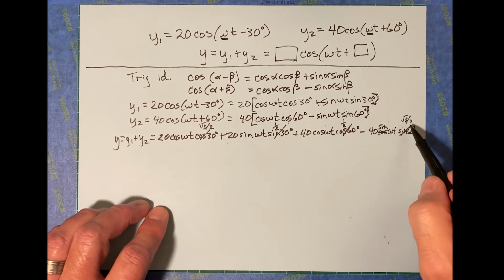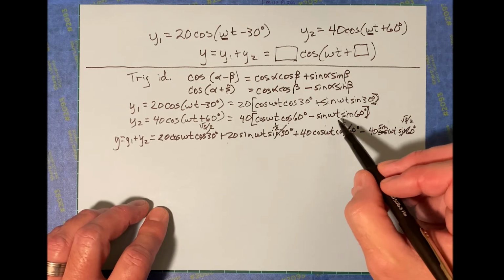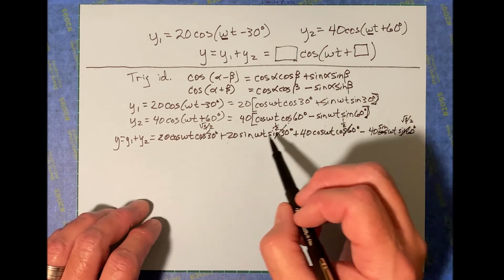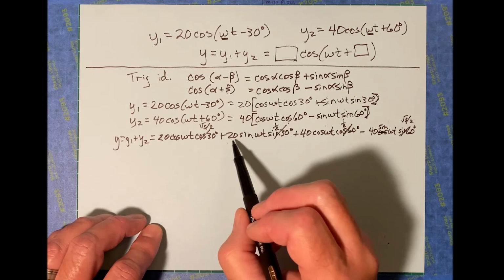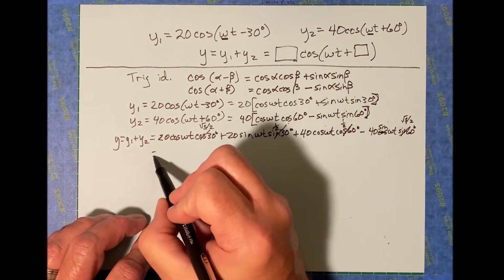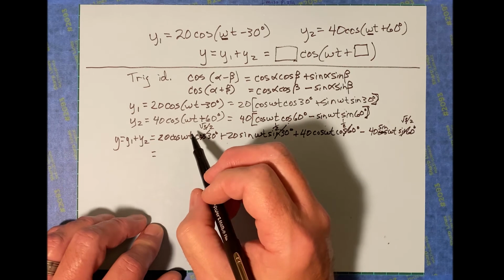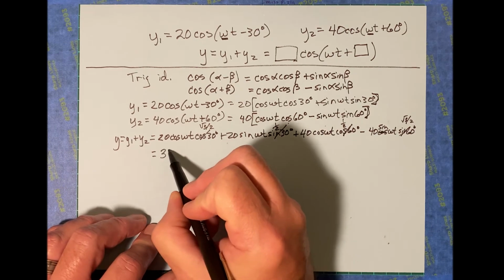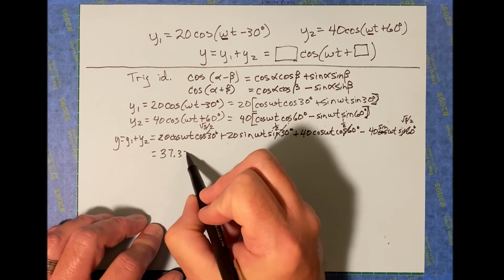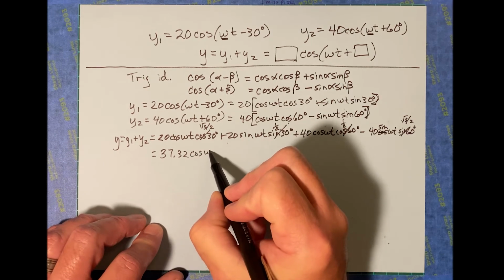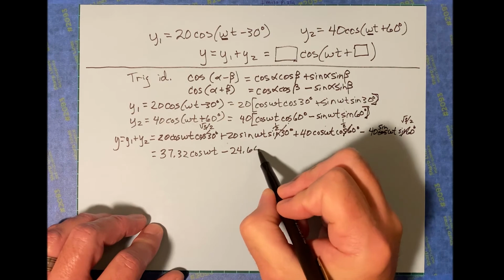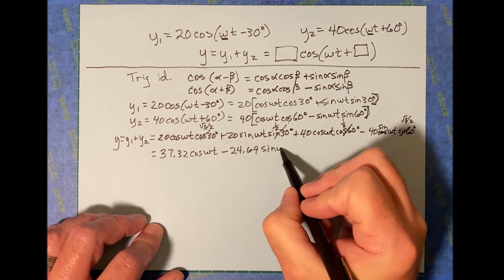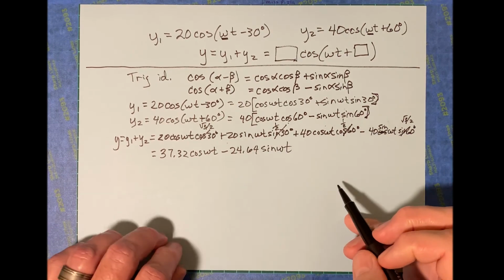Okay, take these values that we know for the sines and cosines, multiply them by the numbers out front, and simplify a little bit. And here's what you end up with: 37.32 cosine omega t minus 24.64 sine omega t.